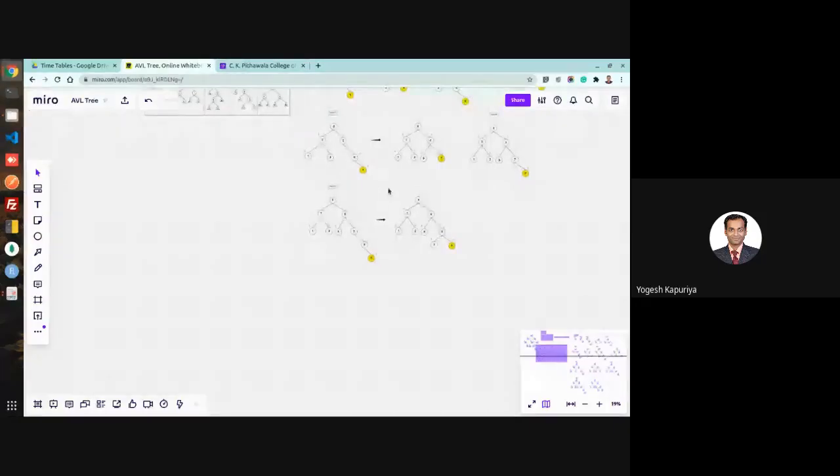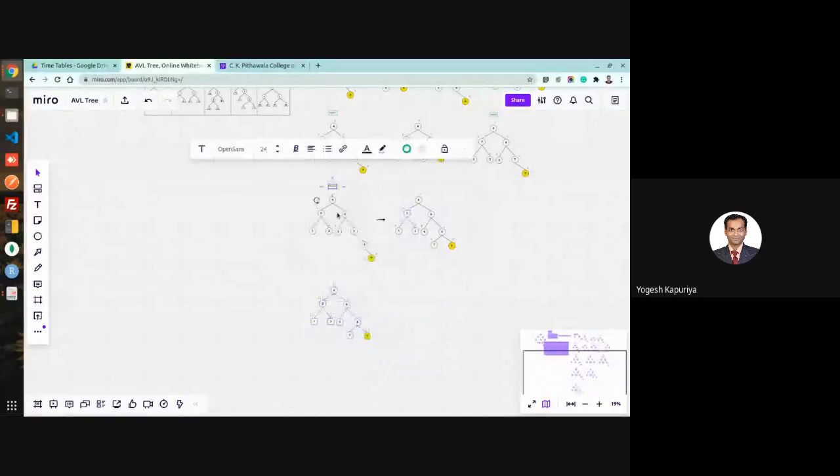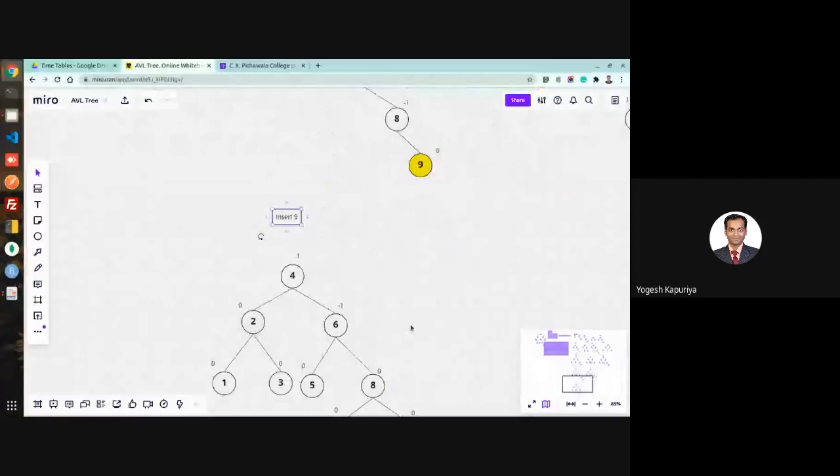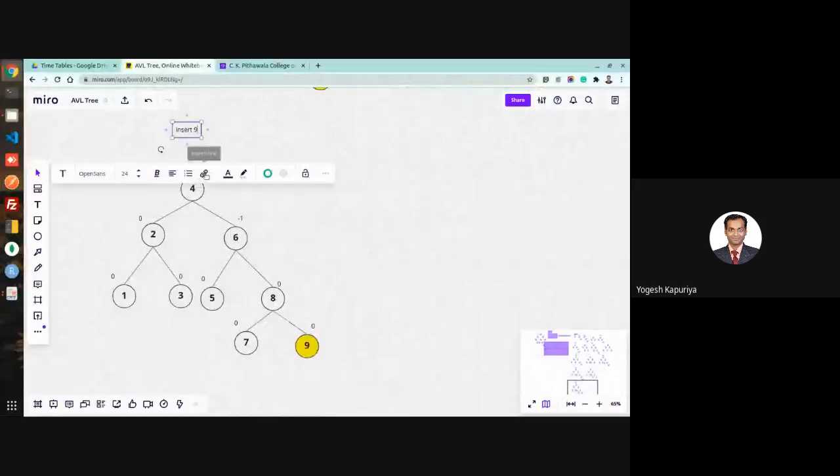Now let's insert 10. So when you insert 10, it will go here.